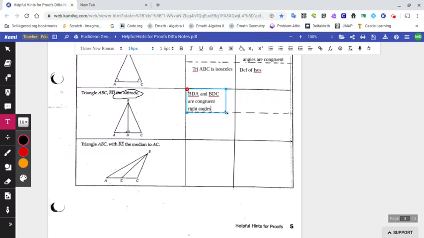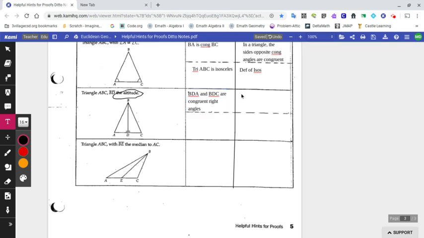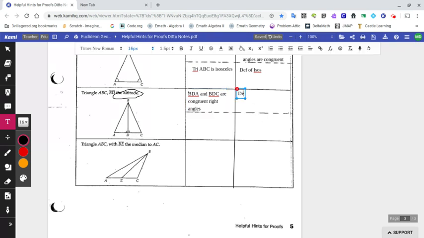That's what I can say because that's an altitude, by definition of altitude. Since altitude specifically says it's perpendicular to the opposite side, those must be right angles.